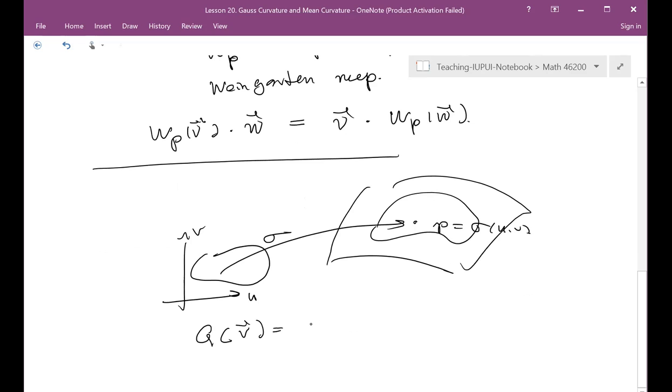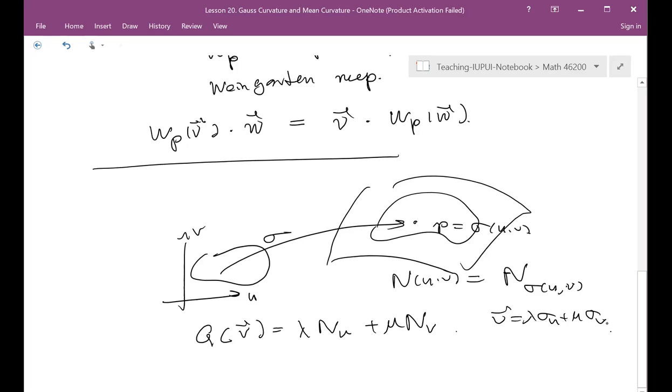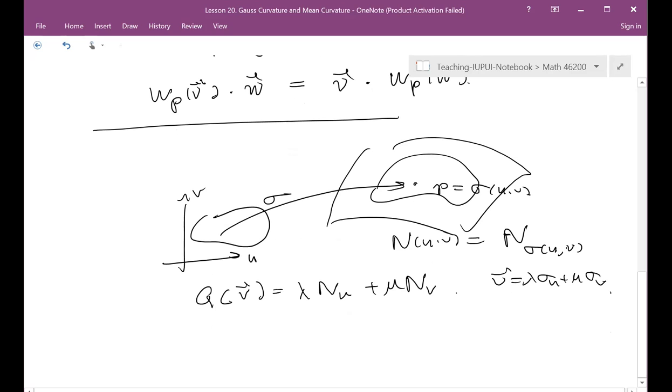The normal vector will also be a function of u, v, so the normal vector field is evaluated at each point.